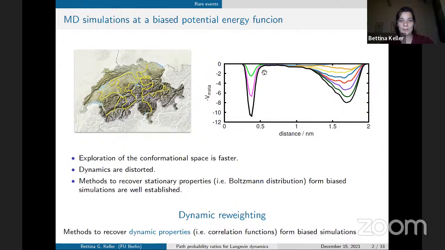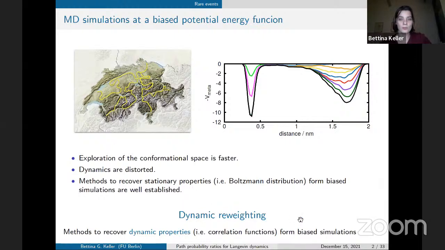We can speed up the simulations, of course, by biasing the potential energy function, for example, using something like metadynamics, and then we explore the state space faster. But the drawback is, of course, because we speed up the rates, the dynamics get distorted. There are lots of methods that recover the stationary properties, but we would also be interested in recovering the dynamic properties.